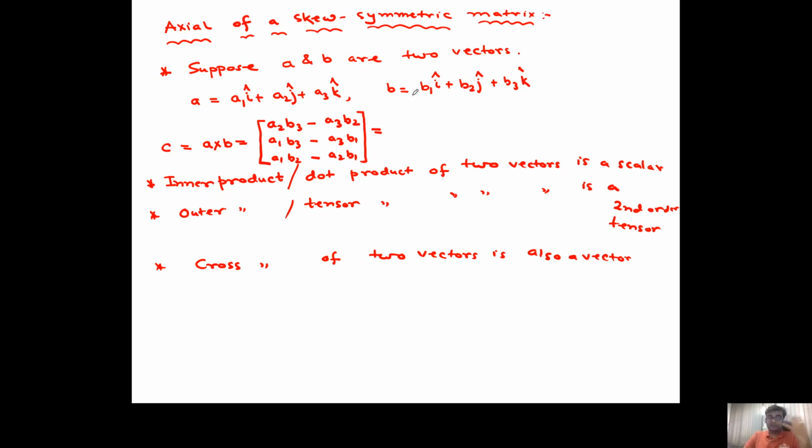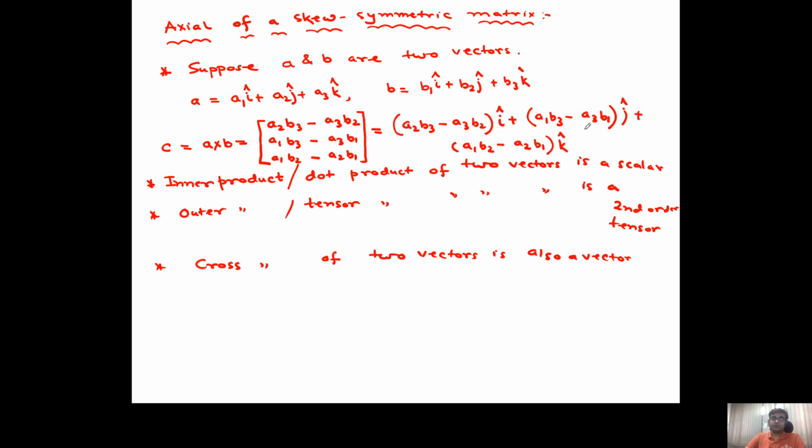You can also write it using the unit normal vectors, and in that case it will look like A2 B3 minus A3 B2 times i hat plus A1 B3 minus A3 B1 times j hat plus A1 B2 minus A2 B1 times k hat.